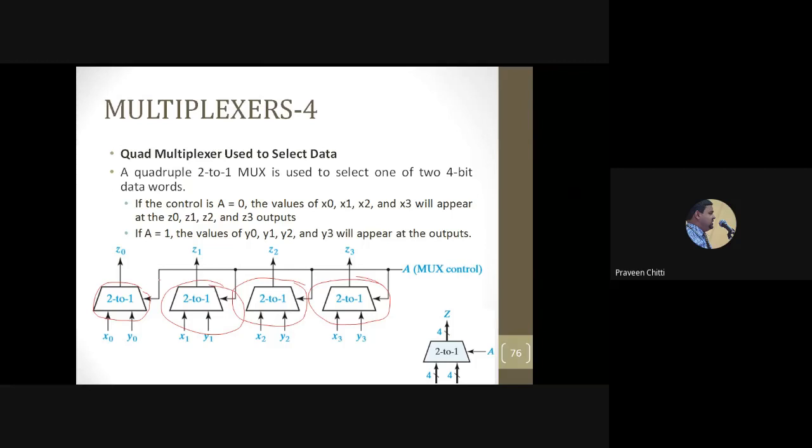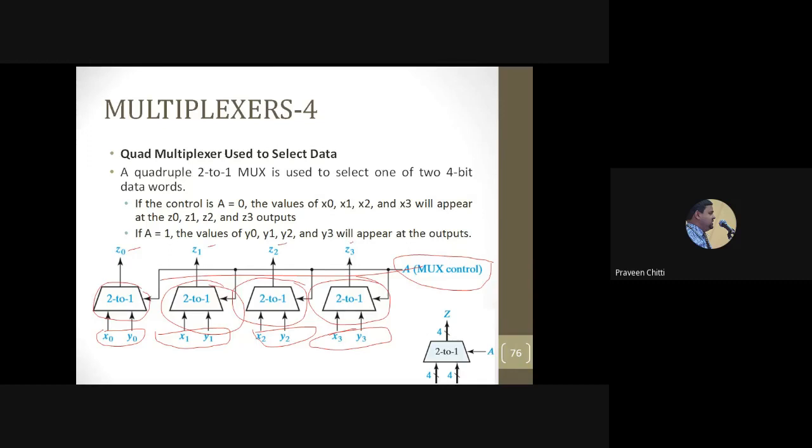For all four, we have connected a single mux control, the select line A. The data inputs given to the muxes are x0, y0, x1, y1, x2, y2, x3, y3. Every mux has two inputs, and every mux has one output: Z0, Z1, Z2, Z3.